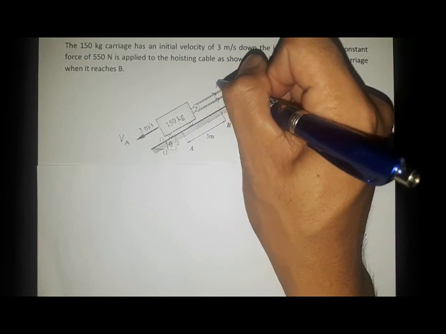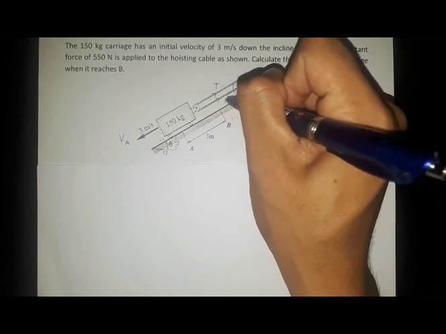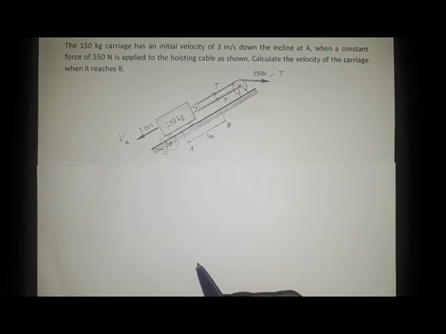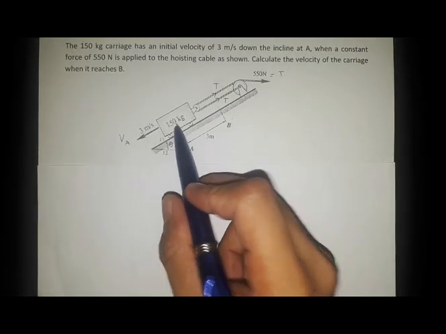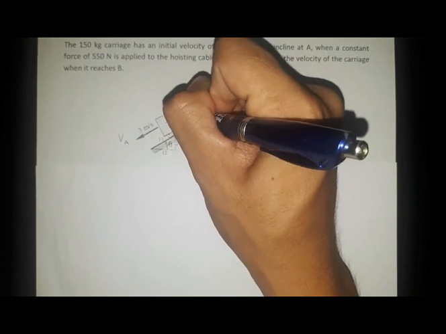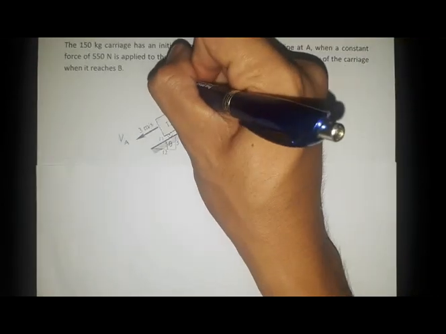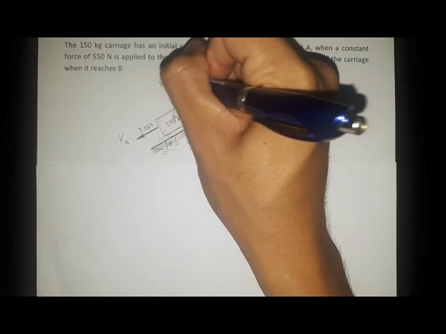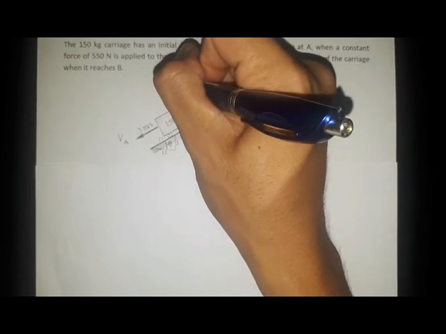So we have here T and this one is T, while the mass is 150 kilograms. So your weight acts perpendicular to the ground.